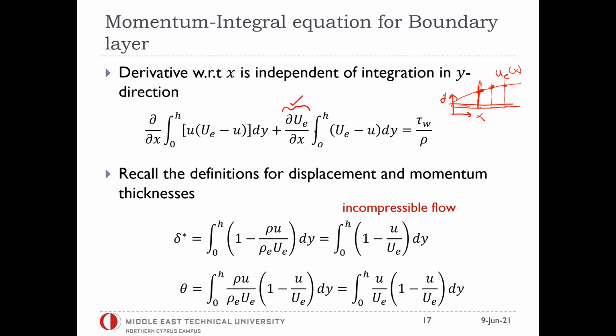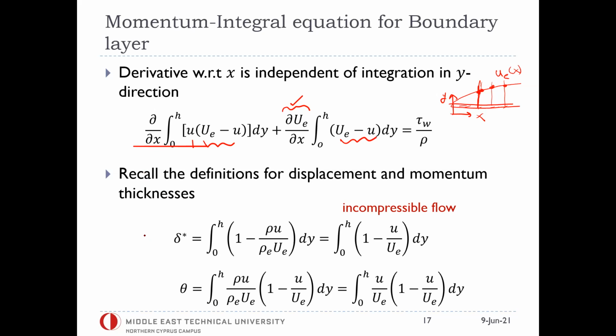In this equation, there's also one thing I would like you to notice. For example, we have terms like u times (U_H minus u), and here a term like U_H minus u. Why should we pay attention to these terms? The reason is that they are familiar, because we saw them before, in the definitions of the integral quantities we introduced, like delta star and theta.